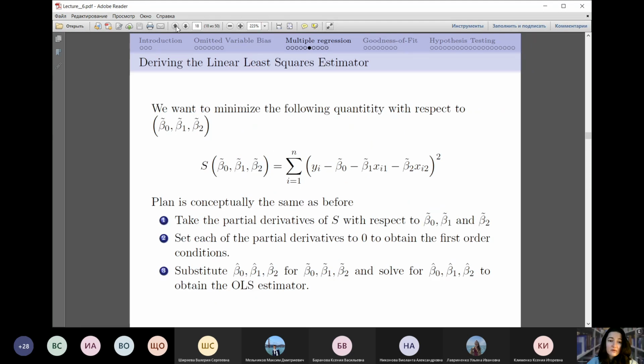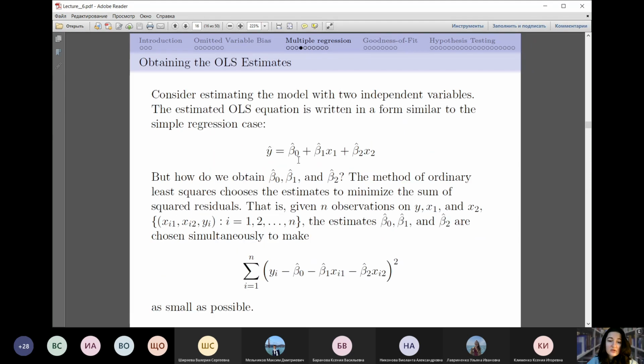let's return to this slide, when we have the model with only two explanatory variables, we assume that you will have a system of three linear equations, because you have two slopes and one intercept.